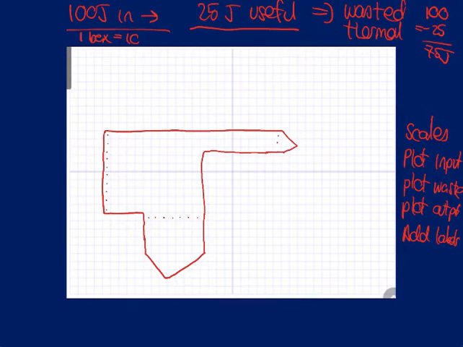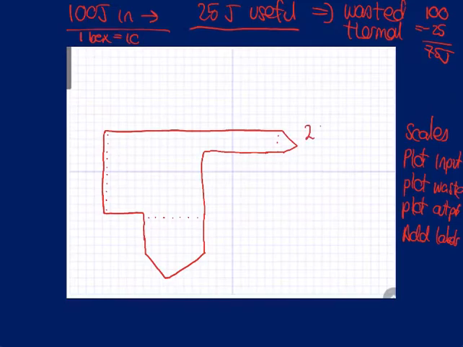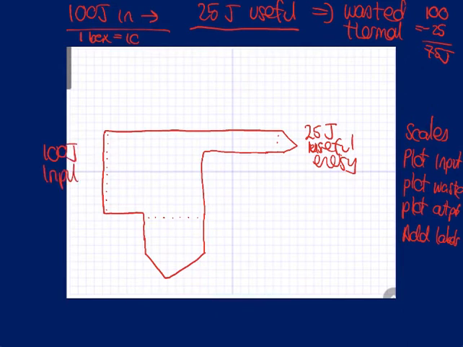Okay, so that's not as accurate as it would want to be, but straight away you can see this is not very energy efficient. So this is my 25 joules of useful energy. This is my 100 joules input, and this is 75 joules wasted output. Okay, I'm going to put output here as well.